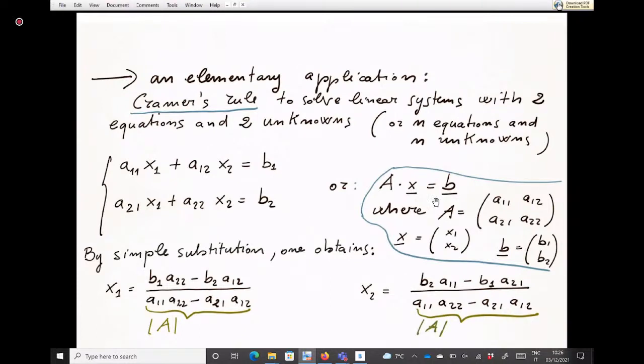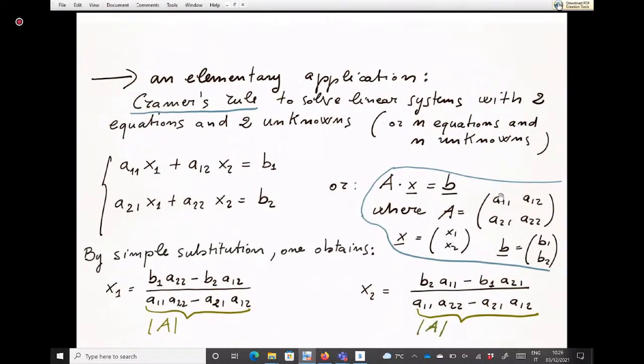You know that we can write the system in matrix notation AX equal to B, where A is the coefficient matrix and B is the vector of the constant terms on the right, okay? X is the vector of the two variables.